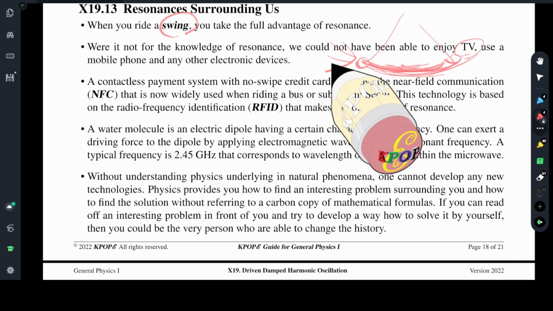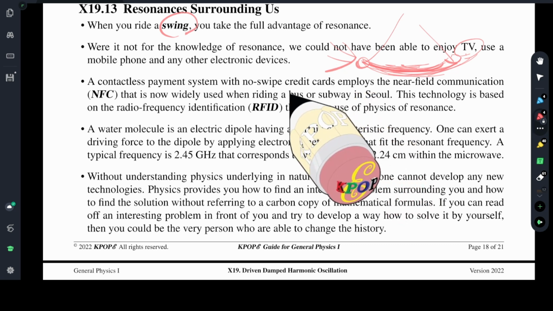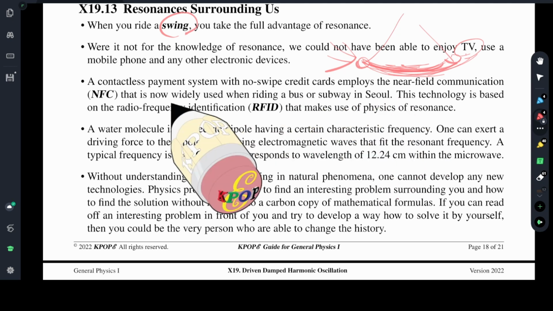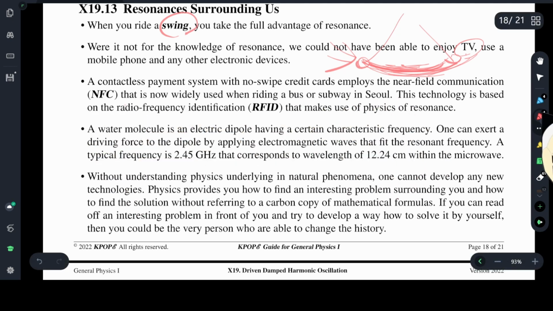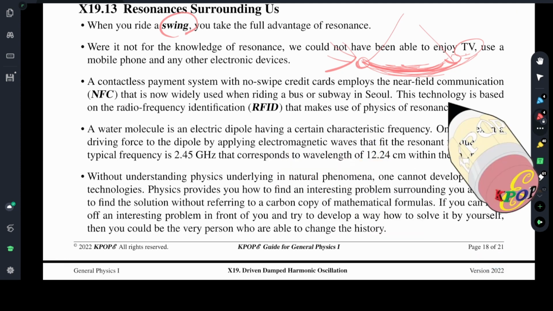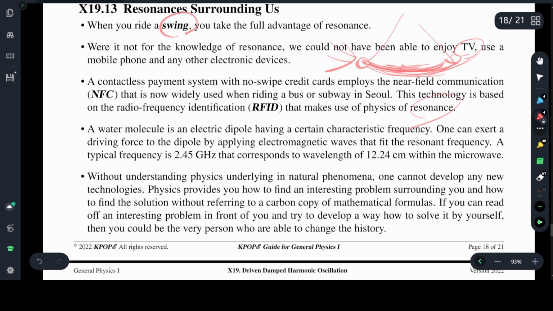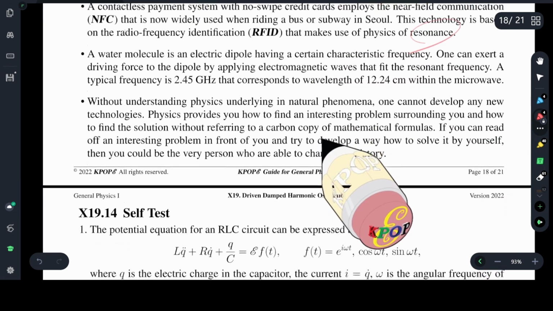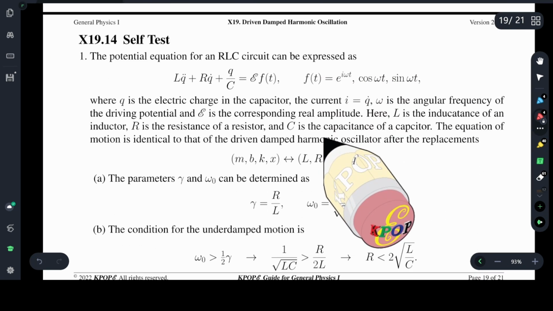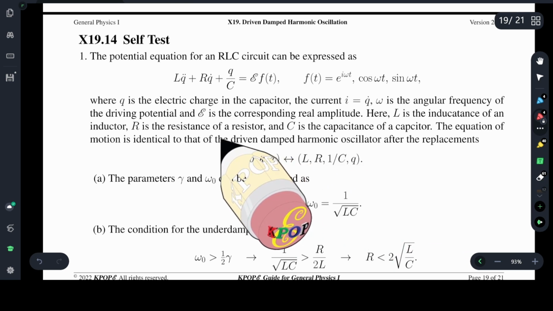If you dial the channel, the resonance appears and the signal is maximized to get the specific channel's transmitted information. Recently, most of us are using NFC devices with the smartphone, and this RFID makes use of the physics of resonance. And there are so many things that are applications of resonance.